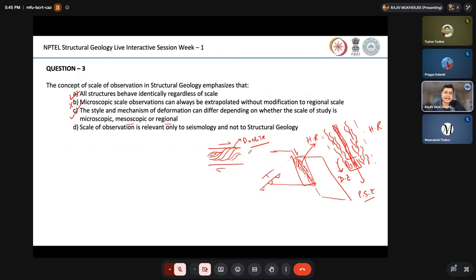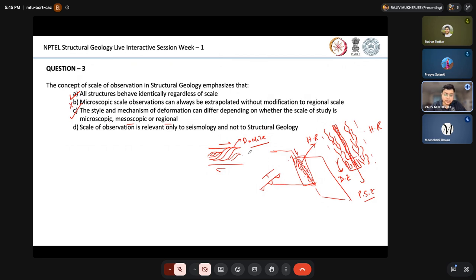So the style and mechanism of deformation, that means whether it is a brittle deformation or a ductile deformation, these kinds of things. Style means what are the structures that I'm expecting, right? So even at the fault scale, you see that there are breccia, there are cataclasites, there are some shear zones, and things like that.